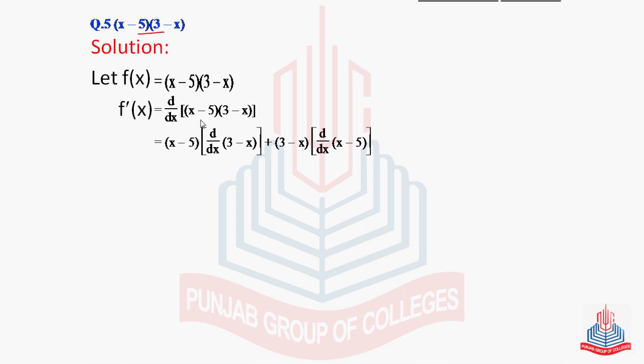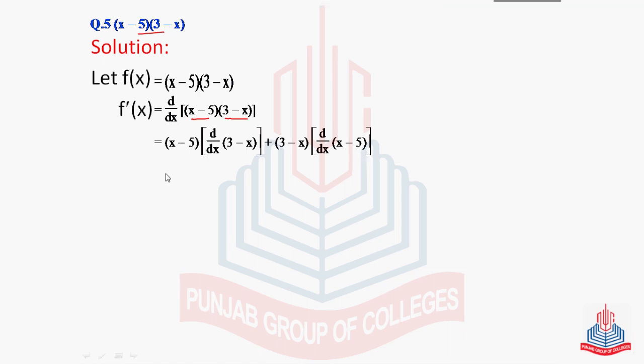Here we are using our product theorem. (x minus 5) into (3 minus x) is in the form of f of x into g of x. So our product theorem was f of x will be as it is, derivative will apply on g of x, plus g of x as it is, and derivative will apply on f of x.